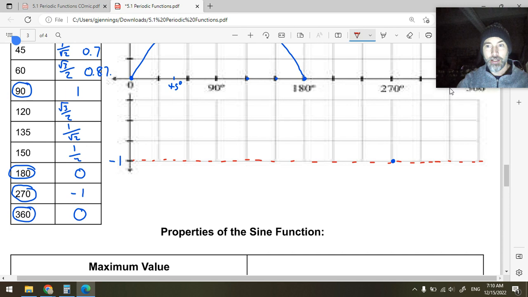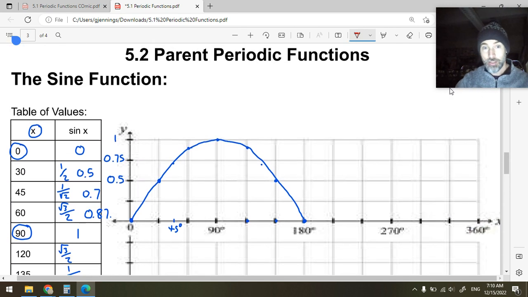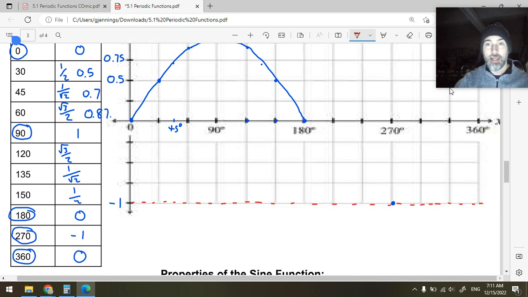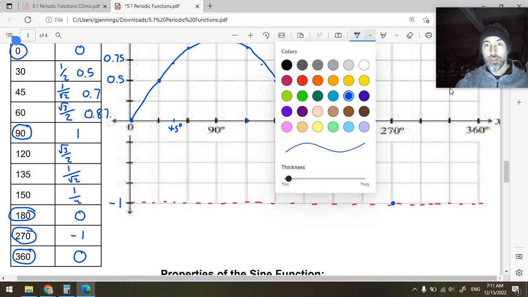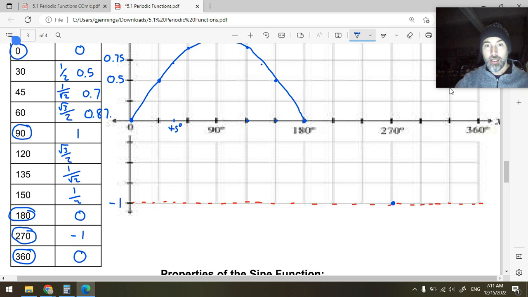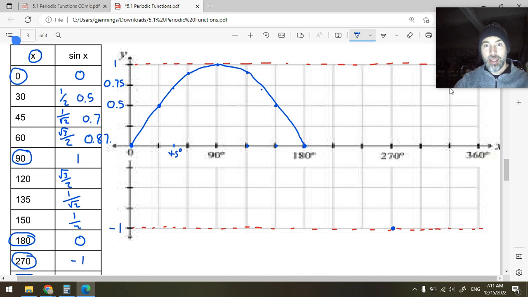It's not to say that it's like an asymptote, but it's just a guideline for you that your function is going to oscillate between these two values. Okay, so we can do that. And then I'm going to go ahead and go back to blue. I've got that point on, but then I'm going to say, well, I recognize here that I'm at 1/2.